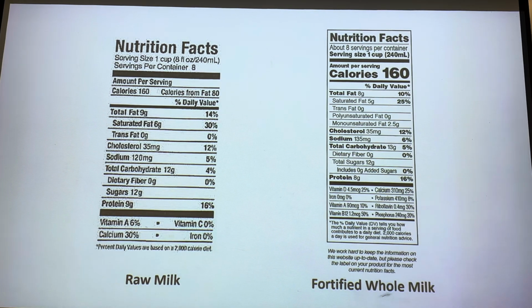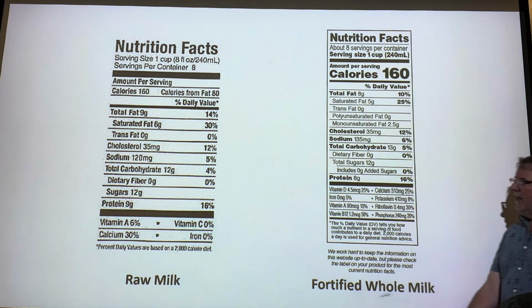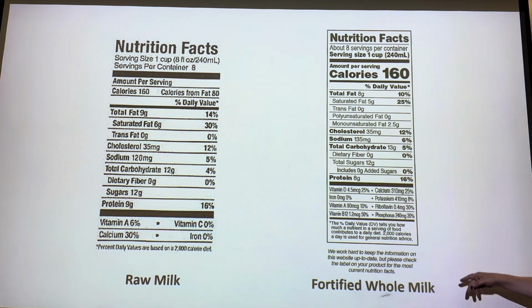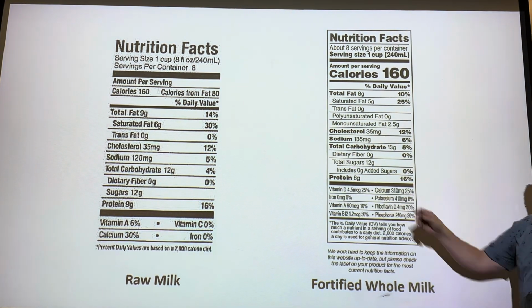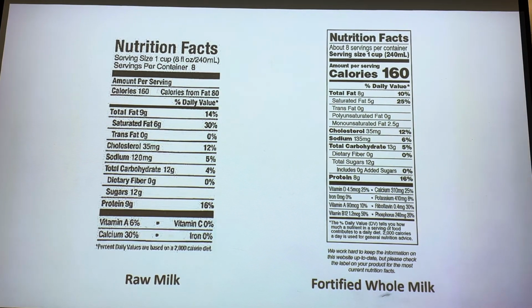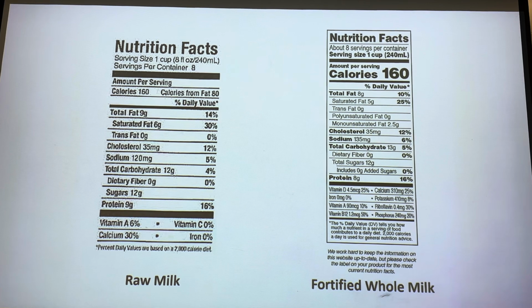Most of the vitamin D we actually get these days, it's another public health measure, is supplemented in the milk. If you look at raw milk, you won't actually see any vitamin D. But if you get your fortified whole milk, it has some vitamin D that's been put in there as a public health measure to make sure everybody gets enough vitamin D and we don't have rickets.